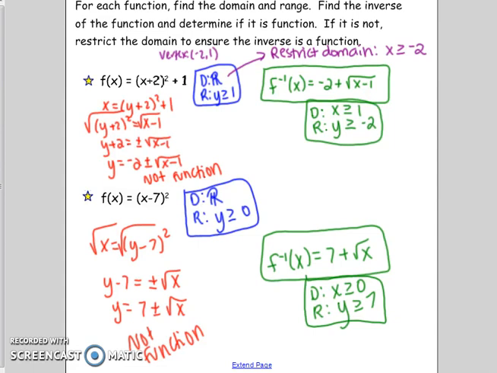So the domain of the inverse is x is greater than or equal to 0, which matches the range of the original. Because we had to restrict the domain, we're getting rid of all real numbers for this domain, and we're going to restrict it. And when we restrict it, it's going to be equal to the range of the other.